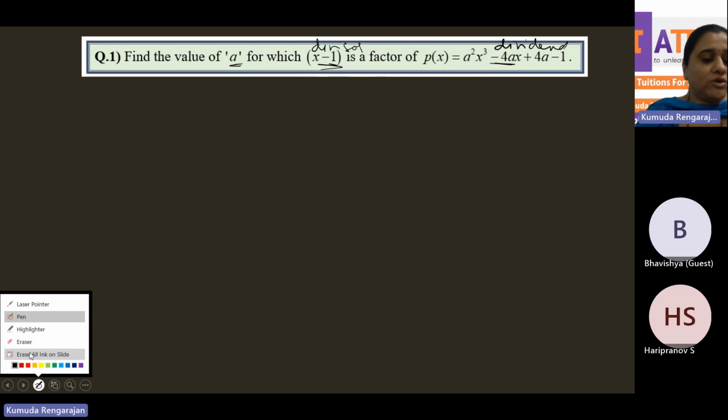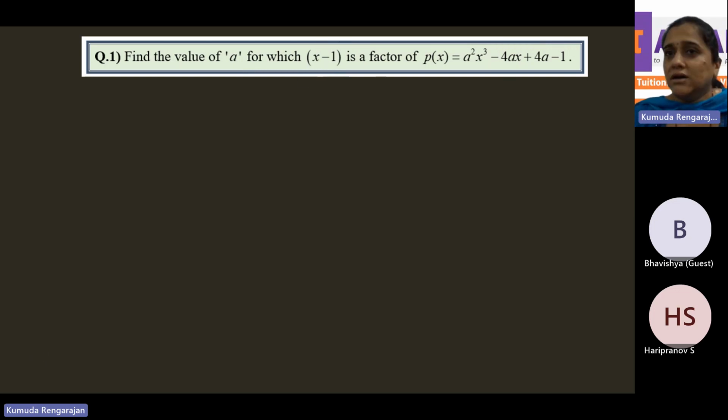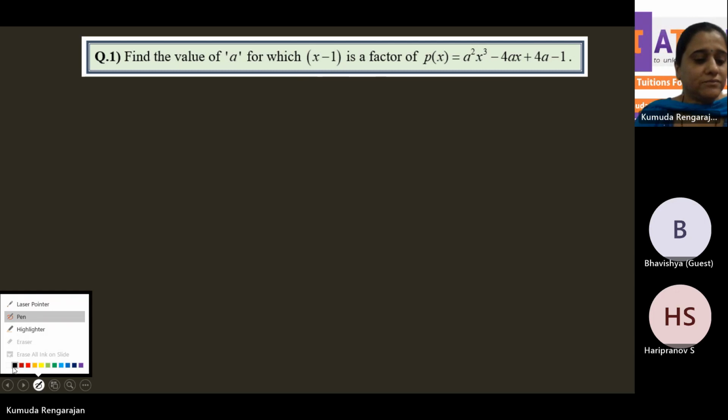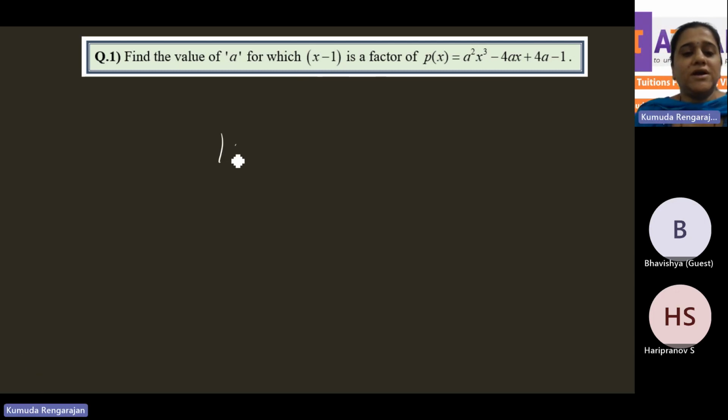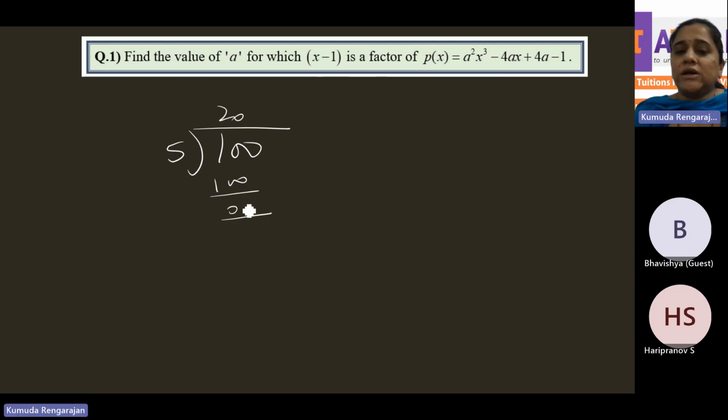You know that when a number has to be a factor of another number, the remainder on division should be 0. When you divide 100 by 5, the remainder is 0. So what do you conclude?